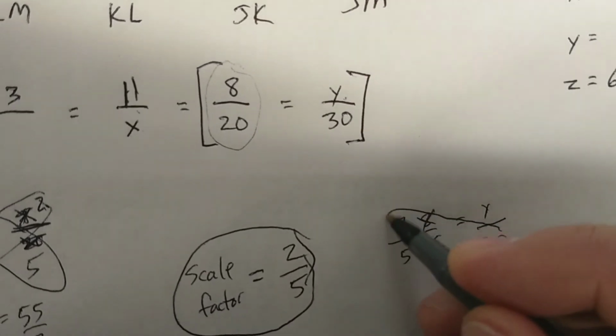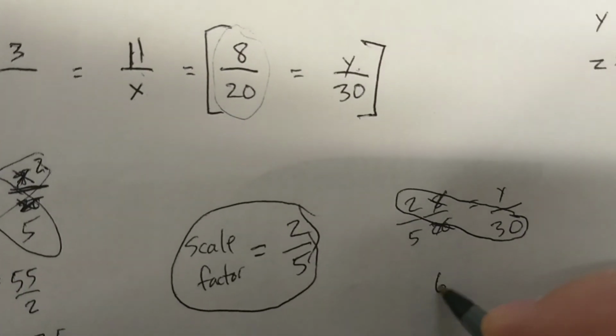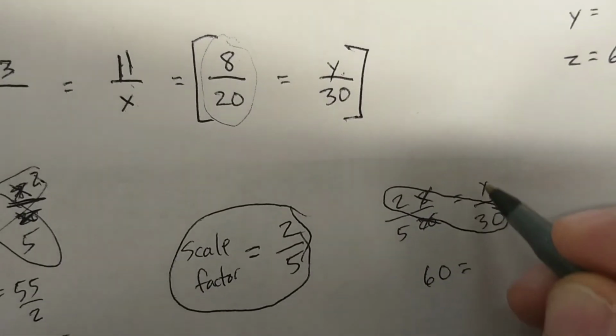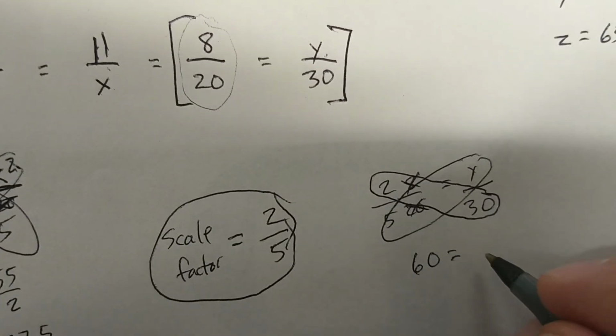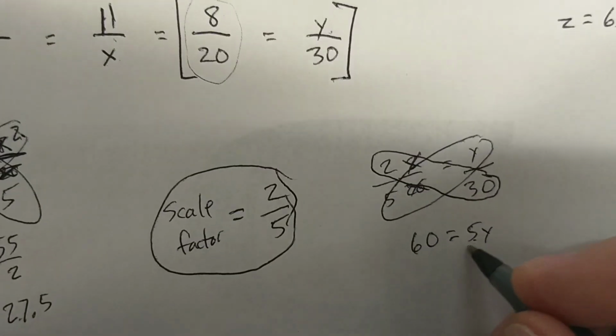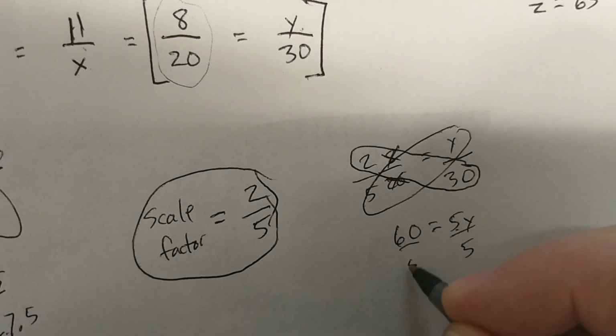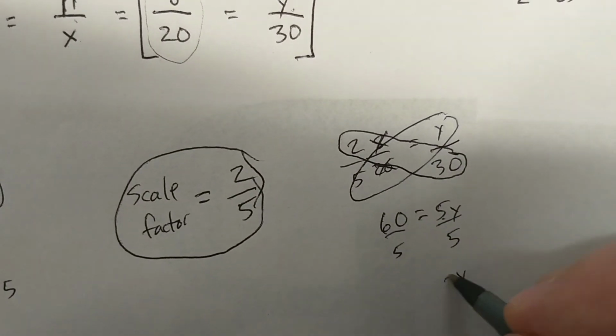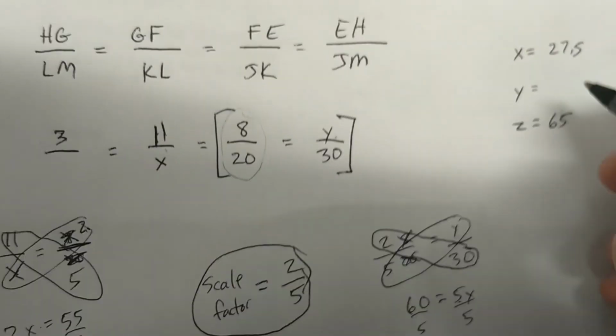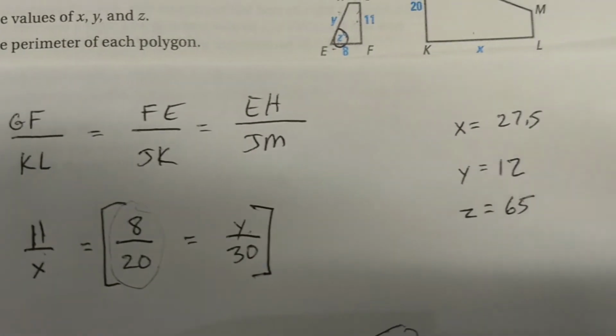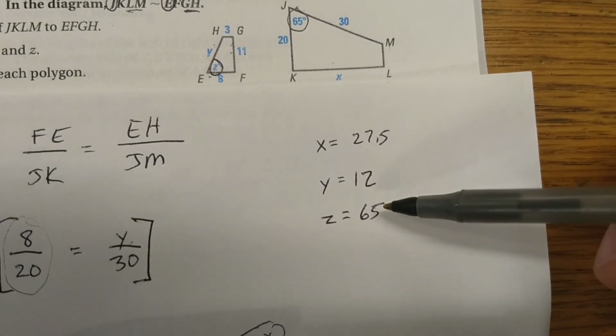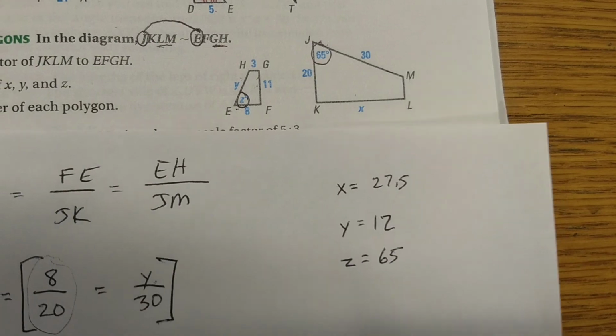And I cross multiply. 2 times 30 is 60. That should be equal to 5y. When I divide both sides by 5, y equals 12. Okay, so I've got my x, my y, and my z variables that I can plug in there as well.